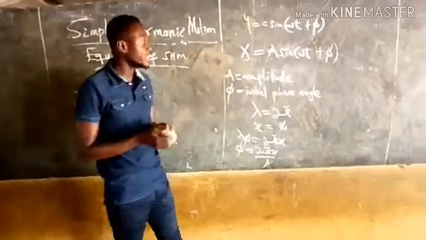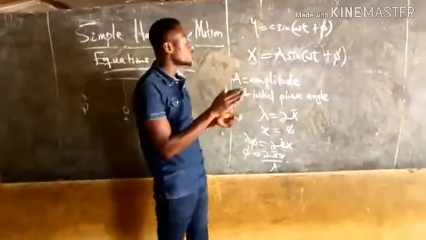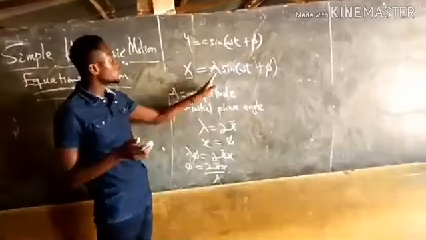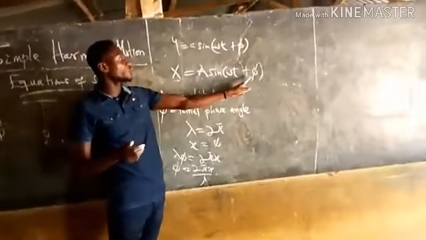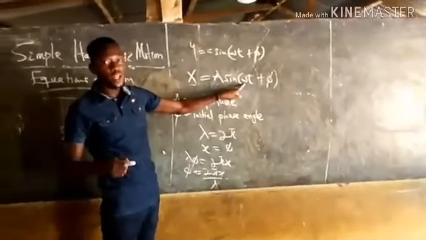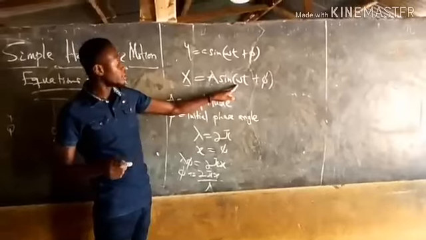of a complete cycle. Let's go back to the formula for displacement of a body undergoing simple harmonic motion. We have x equals A sin(ωt + φ). What does this omega represent? We call this angular velocity or angular frequency.